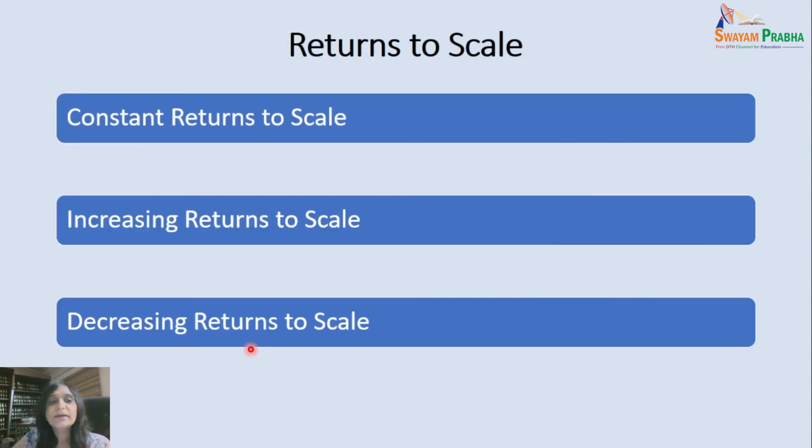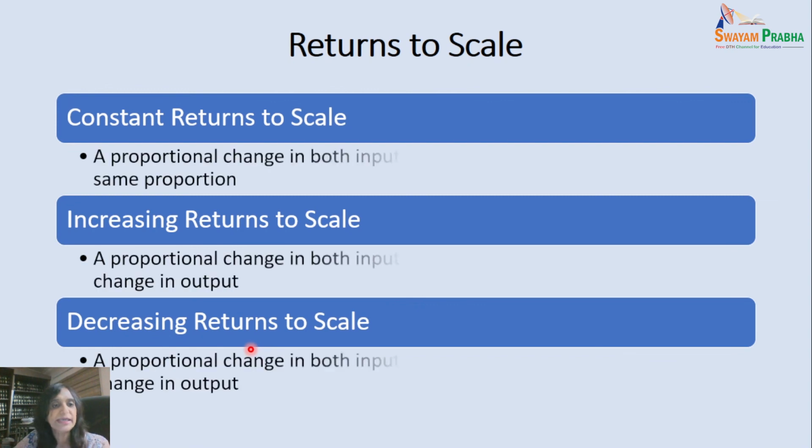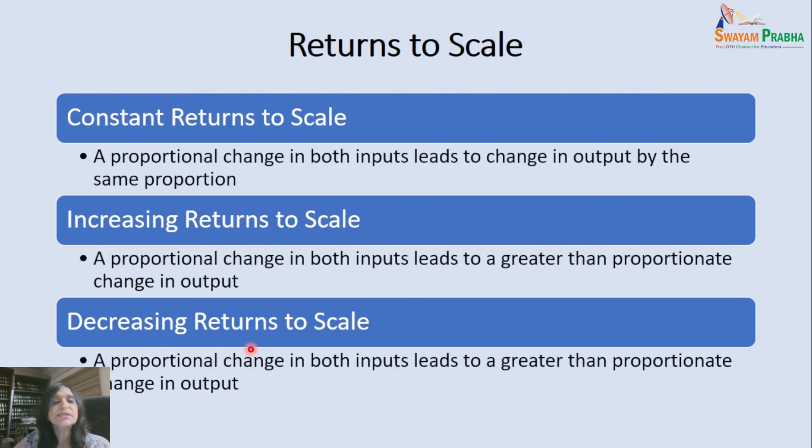Okay, so quick recap. 3 types of returns to scale we have seen: constant returns to scale, increasing returns to scale, and decreasing returns to scale. Constant returns to scale means a proportional change in both inputs leads to change in output by the same proportion. You change inputs by 10%, output also changes by 10%.